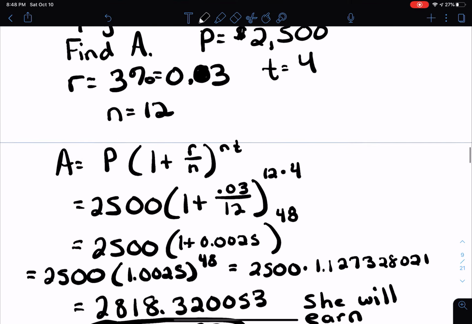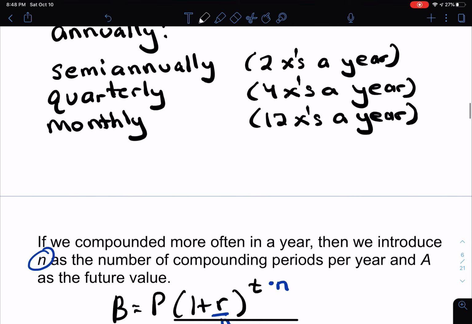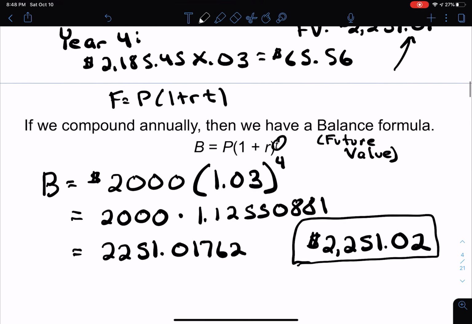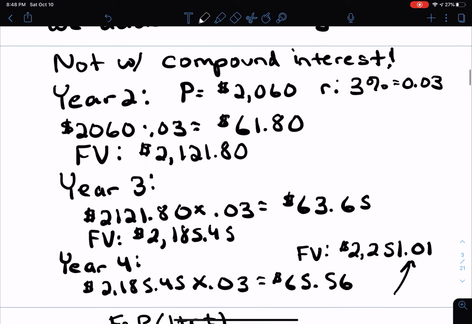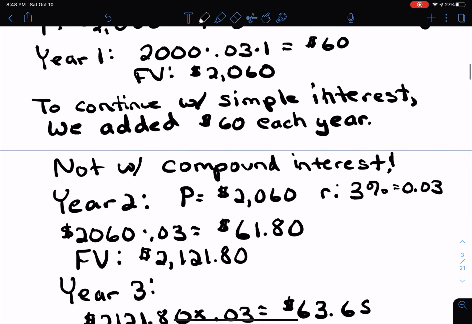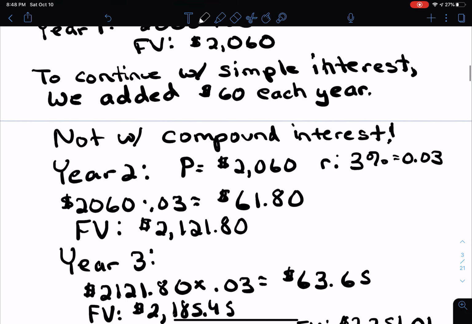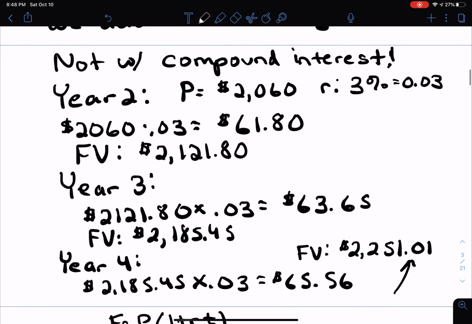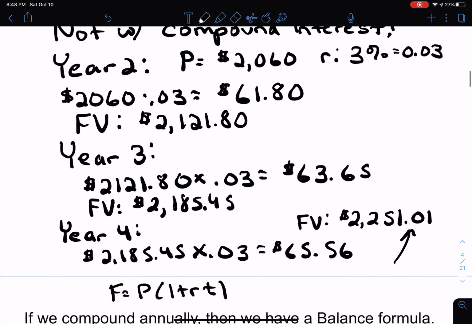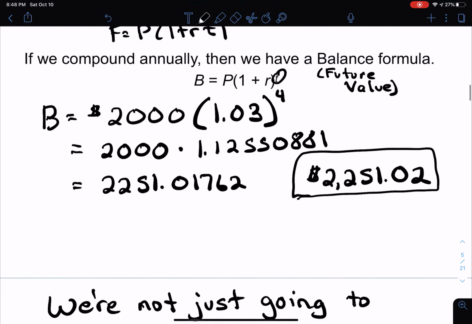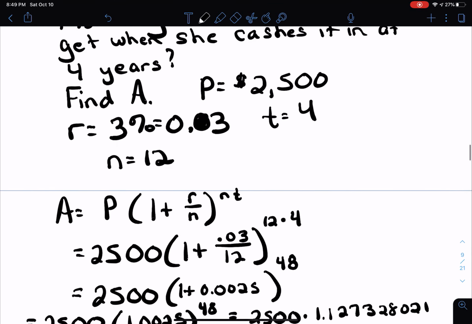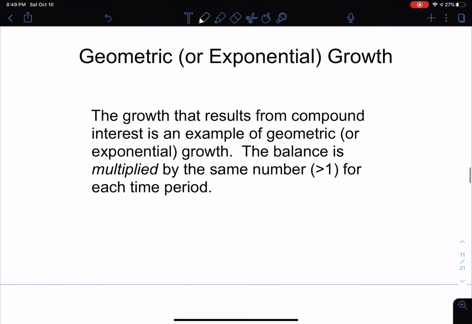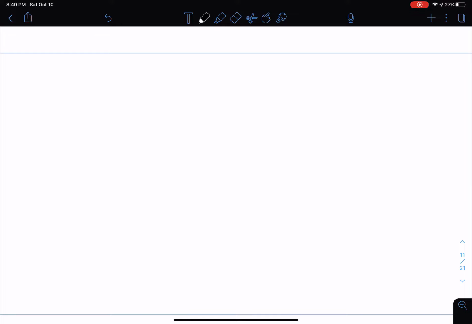If we look back up at our previous example, at the original example, we had what? 2,060, then 2,121.80, then let's see, I'm going to try to draw a little graph just to show you that. Although it'd probably be better to go to Desmos and do it, but I don't know.